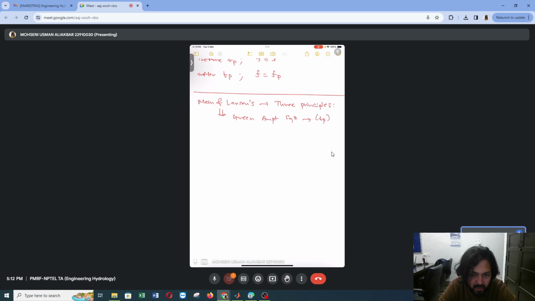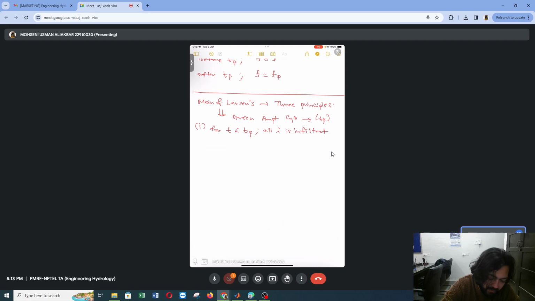So what three principles did they suggest? The first principle is that for t less than Tp, meaning for the period where rainfall is occurring that is less than the ponding time, all rainfall is infiltrated.